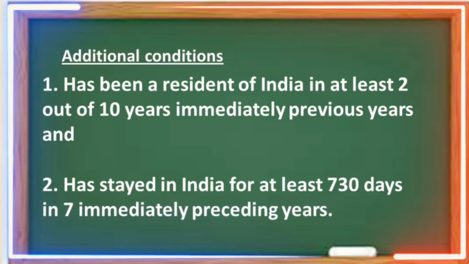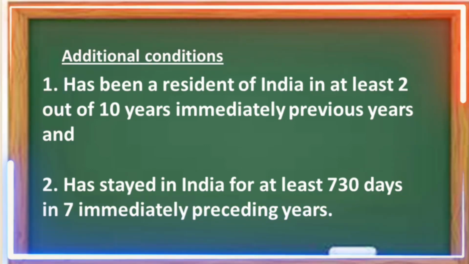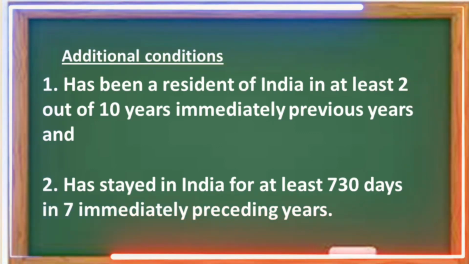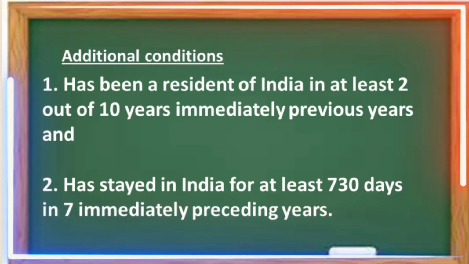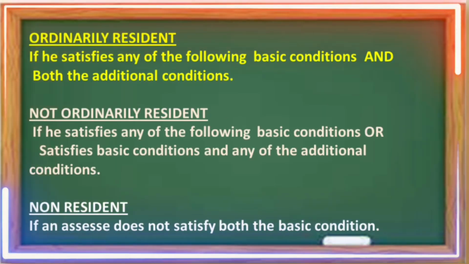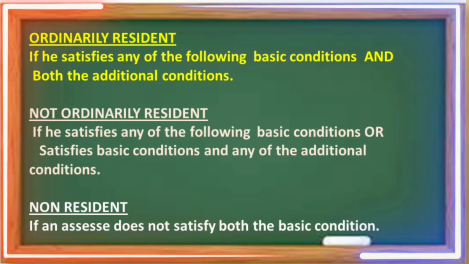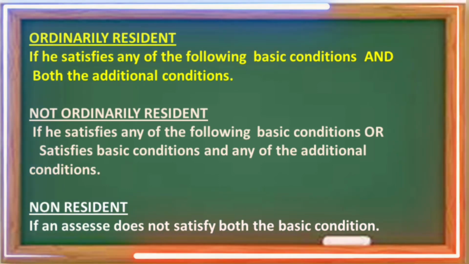So once again, let us revise. What are the basic conditions? Basic condition number 1: the assessee is in India during the previous year for a period of 182 days or more. Or second basic condition: the assessee is in India during the previous year for a period of 60 days or more and has been in India for a period of 365 days or more during the 4 years preceding the previous year.